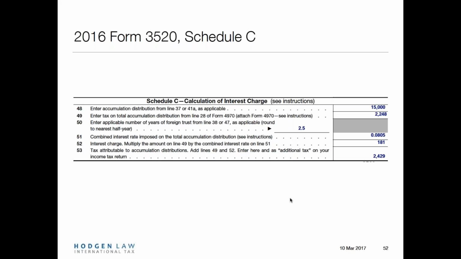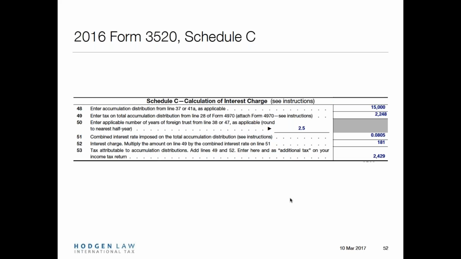We'll see the Form 4970 in a second. But then to that tax, we have to add an interest charge. Line 50, 2.5, if you remember from Schedule A, that came from line 38.